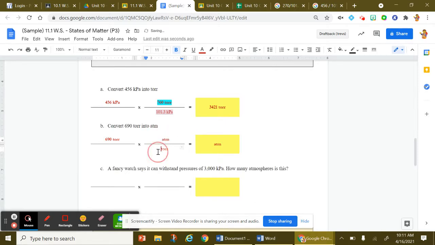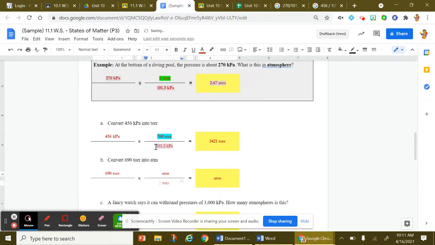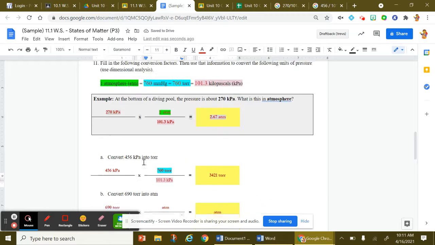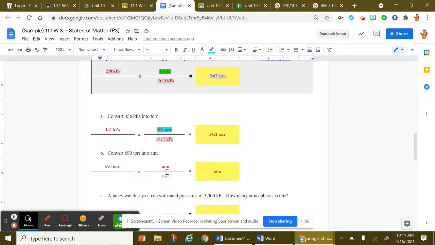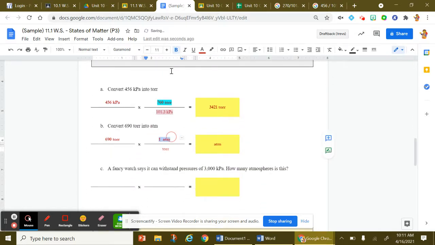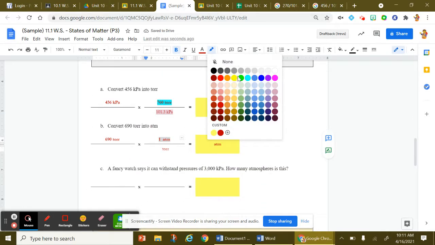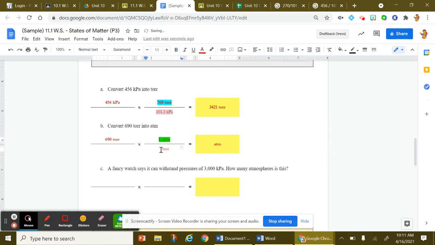And now we look to the equation above to convert. We see that 1 atmosphere is 760 torr. So I'm going to put 1 with atmosphere, and I'm going to put 760 with torr.